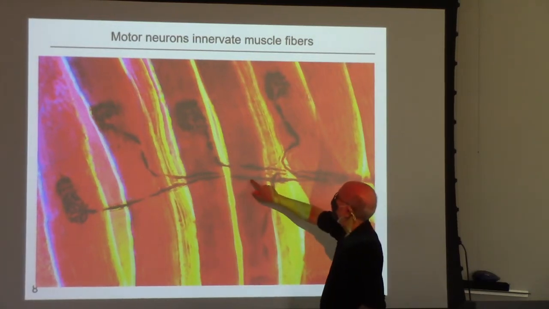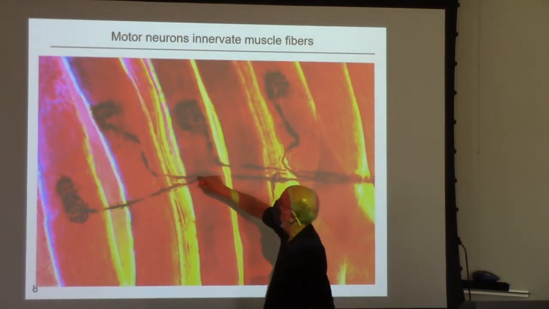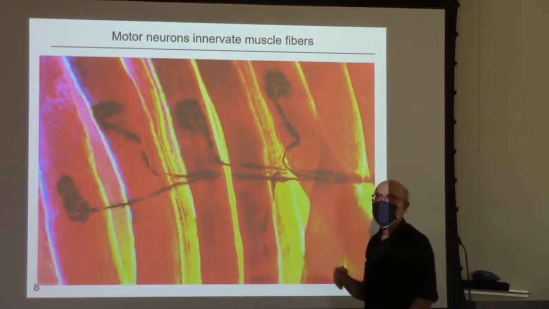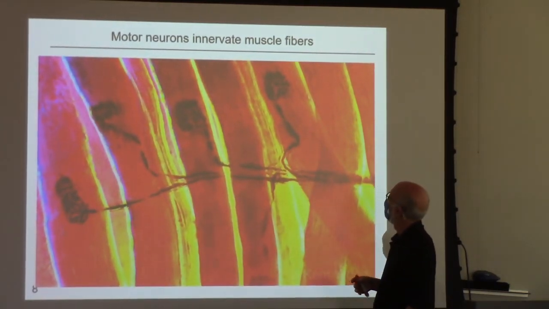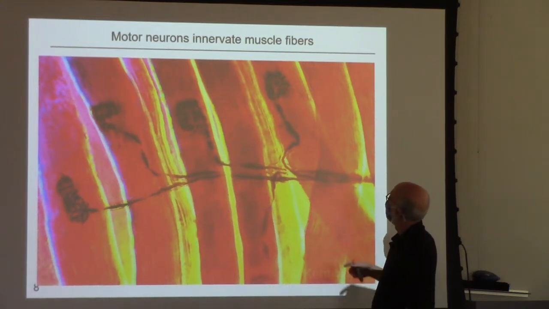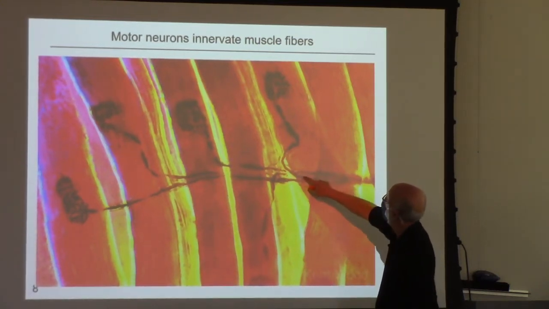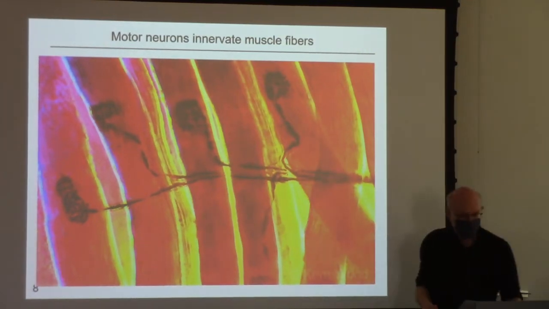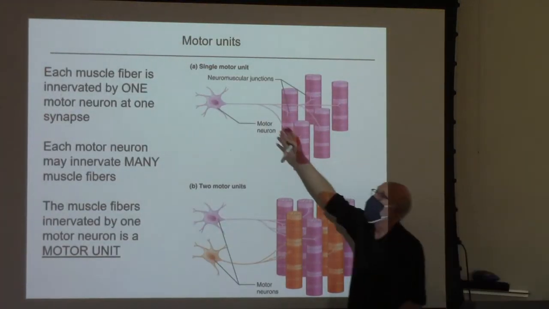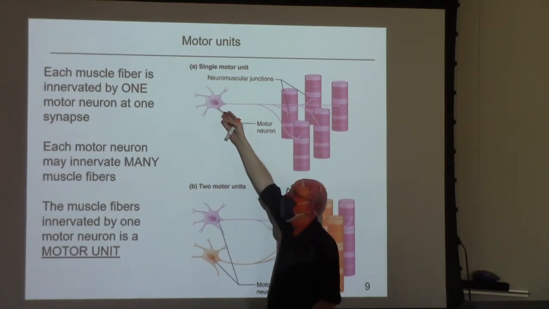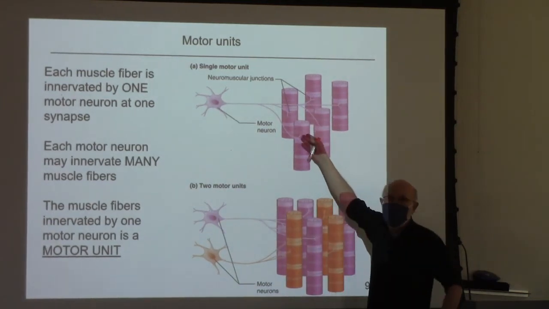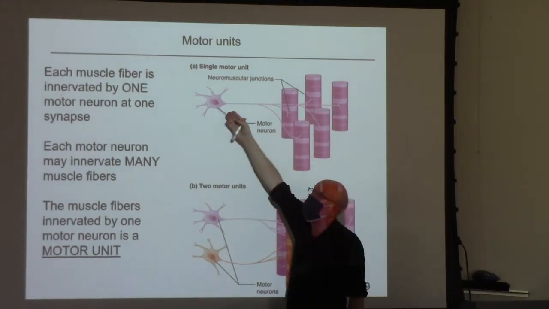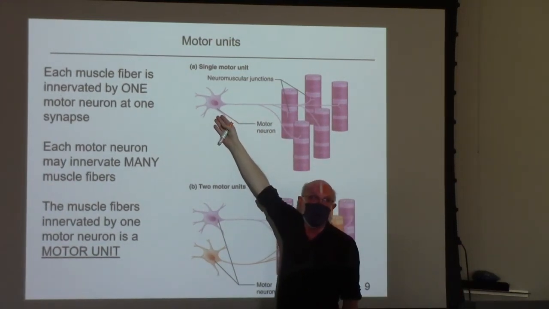Here is one motor neuron that splits here and innervates these two cells, and maybe some others that are off the screen. Here is one. Let's just say it splits here and it innervates this one and this one. So it's hard to see, but in cartoon, one motor neuron can innervate several muscle fibers, but each muscle fiber receives innervation from only one motor neuron.